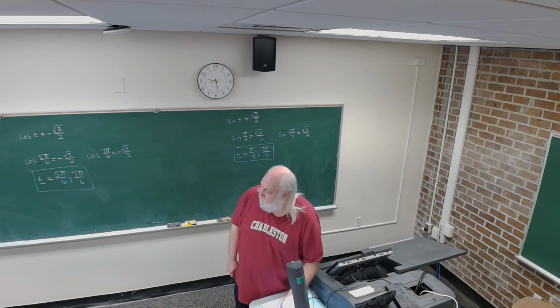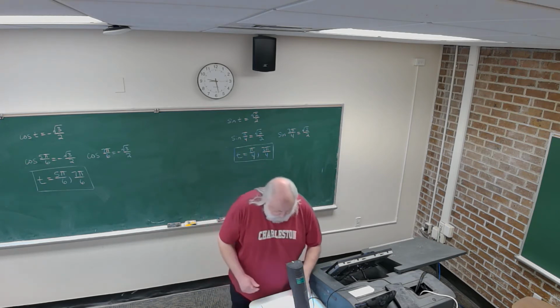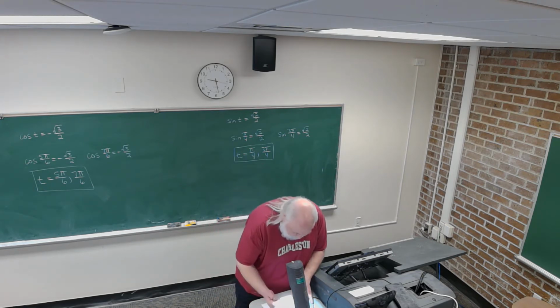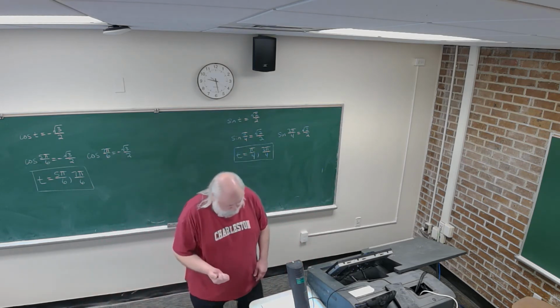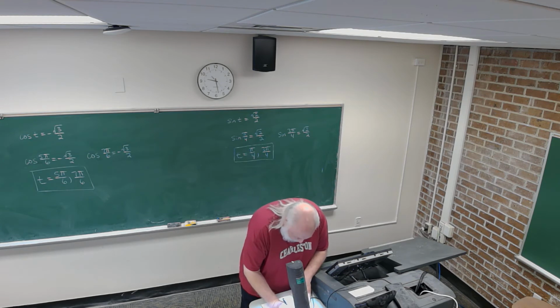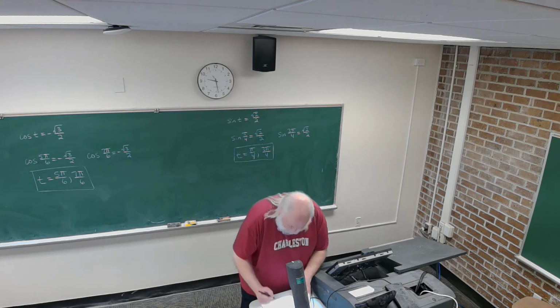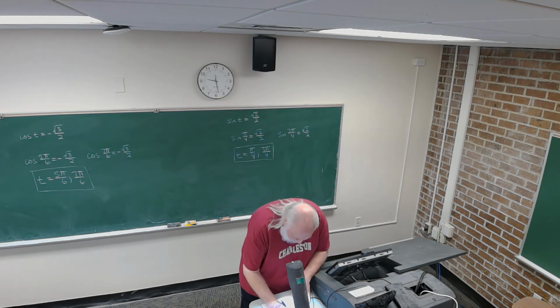Now we plot those points. Here's the point 0, 0 in the coordinate plane, right here. The point pi over 2, 1 is right here. Here's pi over 2 on the x-axis, here's 1 on the y-axis. So here's the point pi over 2, 1. Here's the origin, 0, 0.